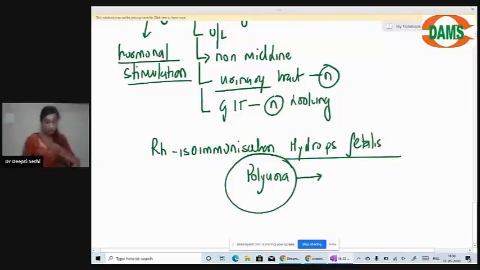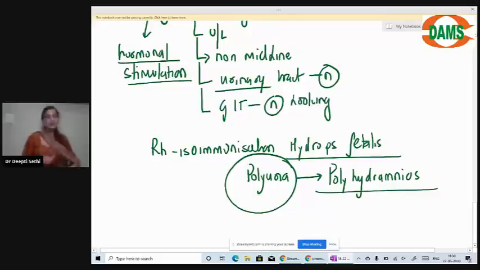And this polyuria in RH isoimmunization is going to contribute to polyhydramnios. But why is it not the diagnosis here? First, we have not been told in the MCQ that she is an RH negative pregnancy. And secondly, RH isoimmunization would not be associated with duodenal atresia, right?